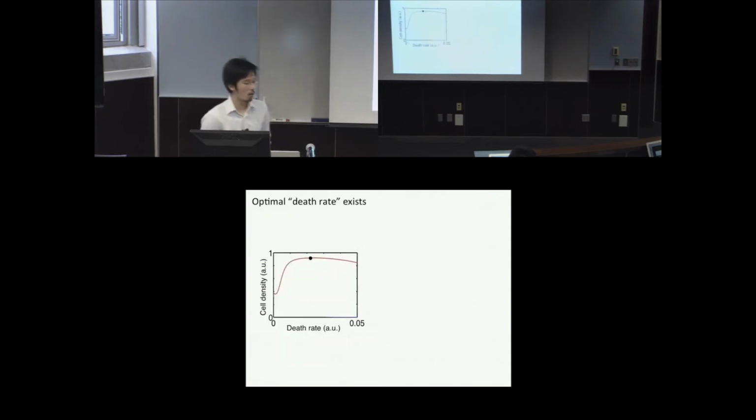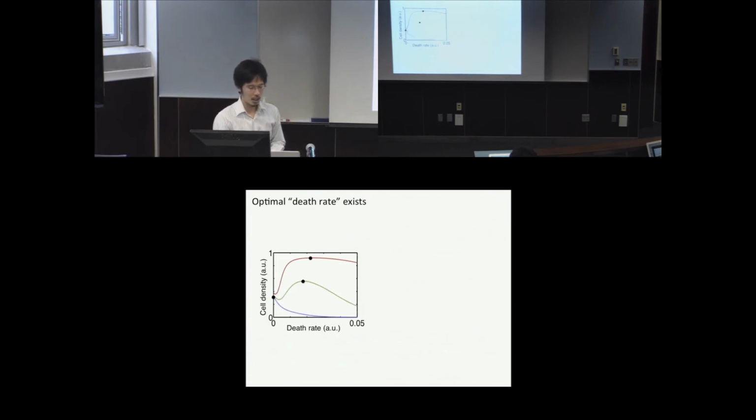Okay, so I first ran a simulation to see if I can actually find this optimal degree of lysis. Again, on the x-axis, I have death rate in the model, and the y-axis is cell density after 24 hours. So indeed, I saw this. It's not as sharp as I want it to be, but there is an optimal cell lysis or death rate.